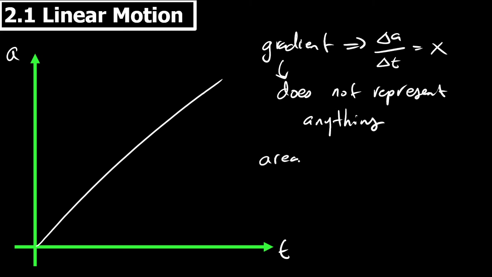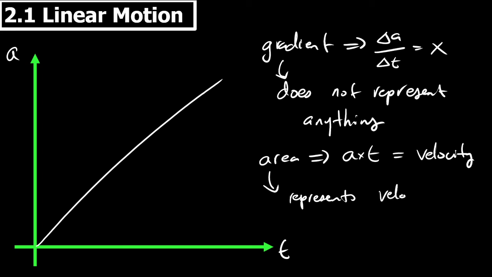The area under the graph, on the other hand, is A times T, which is velocity. So the area under the AT graph represents velocity.